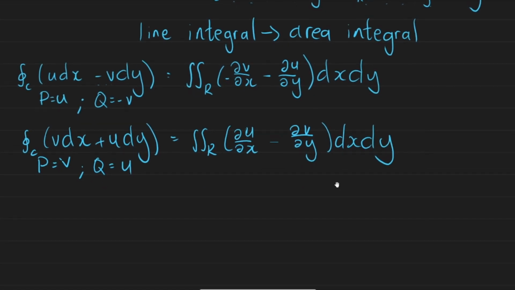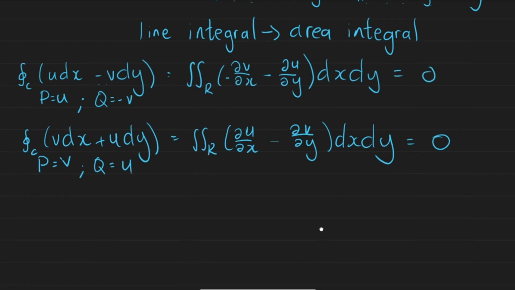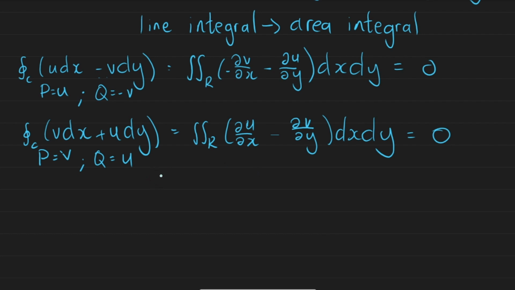So what are we going to do with this? What is the whole point of this? How does this help us? Well, these double integrals actually become zero. How do they become zero? We can see that they are zero if we consider the Cauchy-Riemann equations.